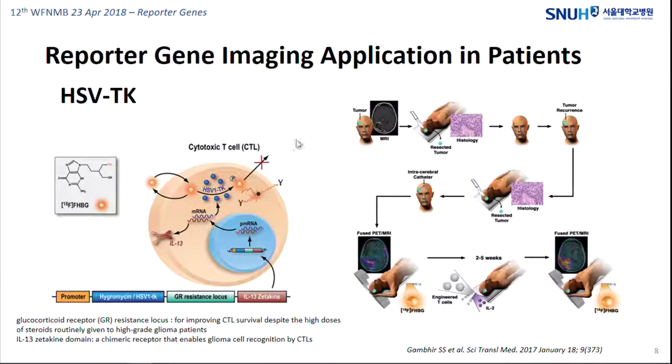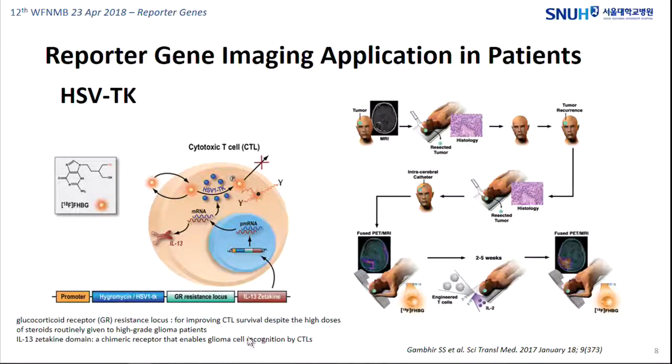So recently, Sam Gambhir's group reported that they used HSV-TK for this kind of research, and actually they used a constitutive promoter and a hygromycin construct in the reporter vector for selection, and a glucocorticoid receptor resistance locus is also included because they used GBM patients, and most GBM patients are routinely treated with high doses of steroids.